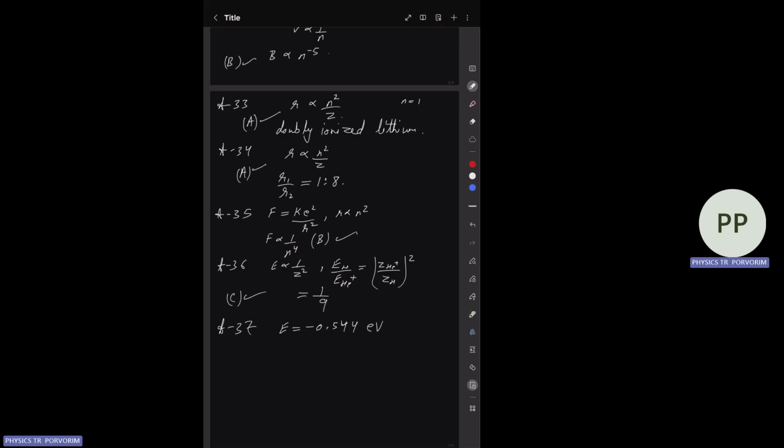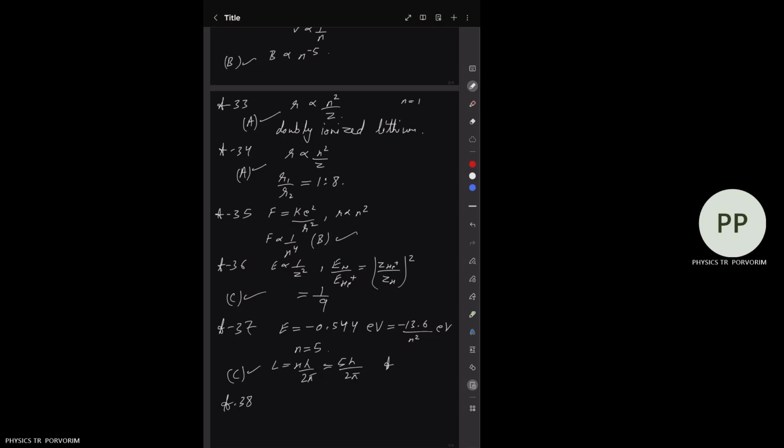We can write the energy as minus 13.6 by n square electron volt. By solving this, we get n equal to 5. We solve this because angular momentum is nh by 2 pi. Put the value of n, and we have 5 times h by 2 pi. The correct answer is C.